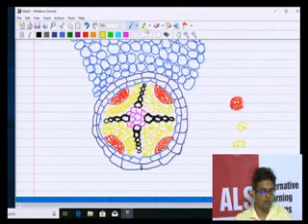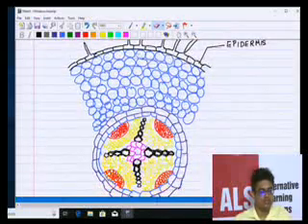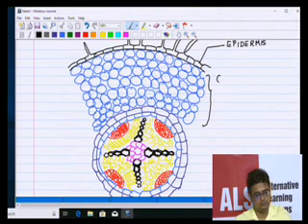Now we will quickly label all the cells that are present here. The diagram is completed now. The root hair is done. Epidermis is done. Now we have to label the cortex. So let us label this region is called the cortex. Okay.